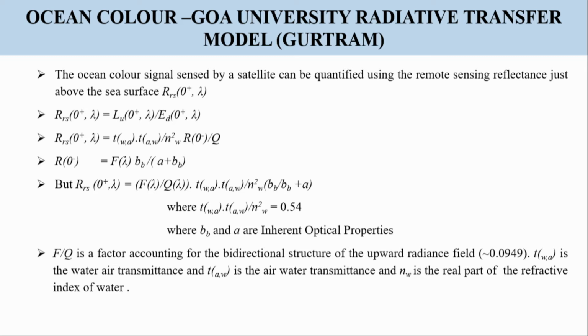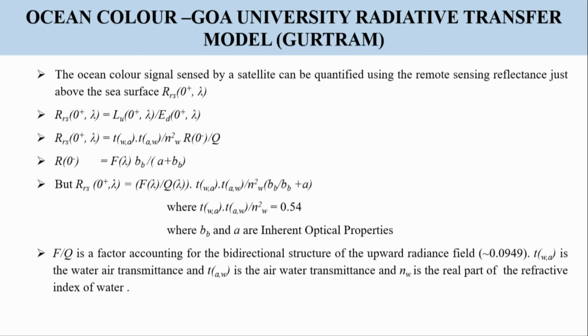LU is the radiance leaving the water column and ED is the downwelling irradiance, and that is also equal to TWA into TAW divided by n squared W, into R(0-) divided by Q, where TWA and TAW are the water-air transmittance and the air-water transmittance, while nW is the real part of the refractive index of water.